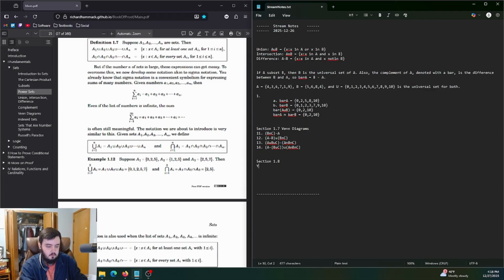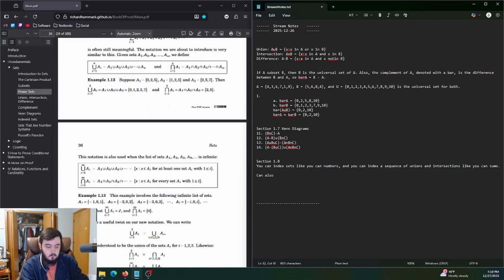Okay. You can index sets like you can numbers, and you can index a sequence of unions and intersections like you can sums. I needed a second thing.